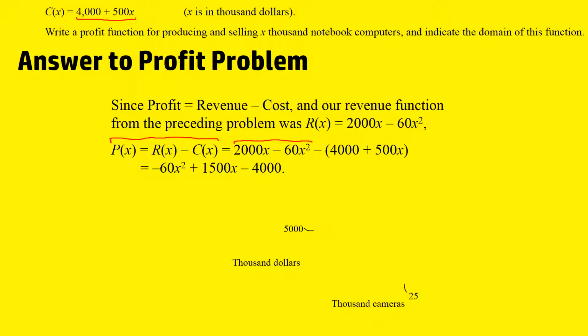As we distribute negative 1, we're going to have negative 4,000 in there. And there's also going to be a negative 500x. Negative 500x combined with the 2000x is 1500x. And that is the profit function right there.